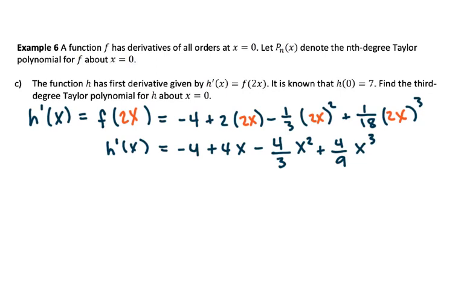Okay, so now if they want me to write the third degree Taylor polynomial for h about x equals 0, I'm going to be thinking of the integral, or of integrating what we just wrote out. Integrate. Okay, so that's going to become c, remember, not plus, minus 4x plus 2x squared.